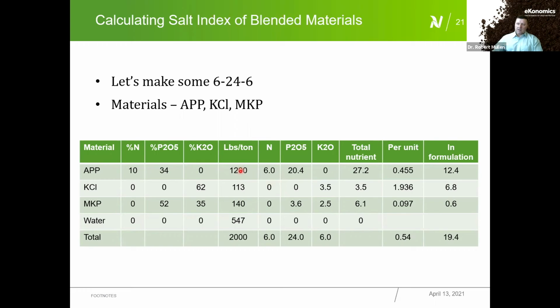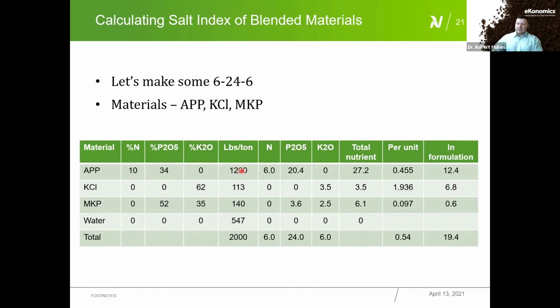So if I put 1,200 pounds of 10-34-0 into a 1 ton product, what is the nutrient concentration? And this is where this concept of per unit comes from. I'm not a fan of that terminology because it gets really, really confusing. I will show you where the 20 number comes from. It's a mathematical constant, but for some reason we've glommed onto it.